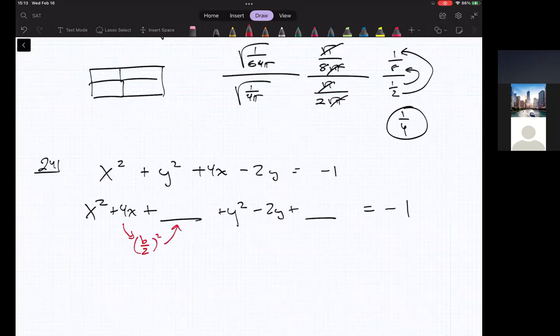So if I take half of 4 and square it, 2 squared is 4. That means put a +4 on this side to balance out the equation. Take half of −2, which is −1, and square it, you get +1, put a +1 on this side.